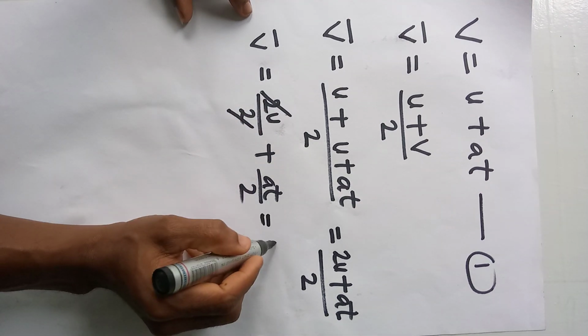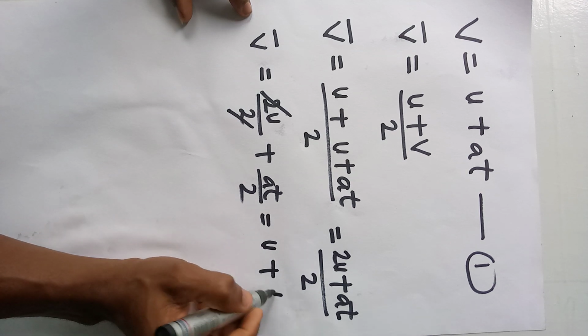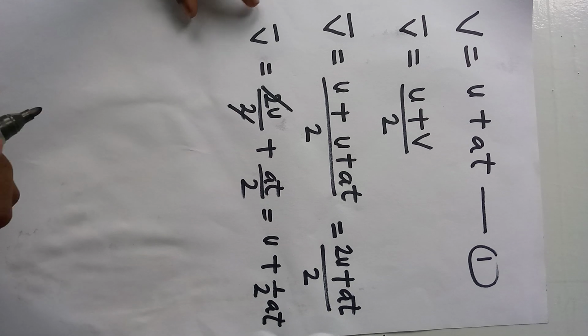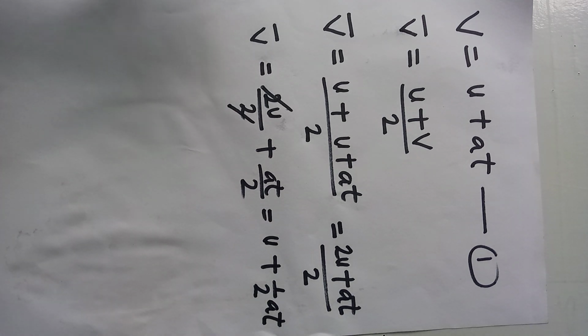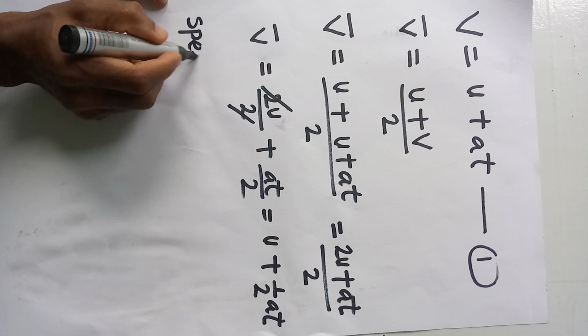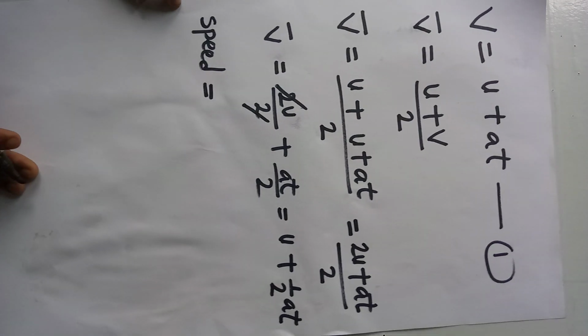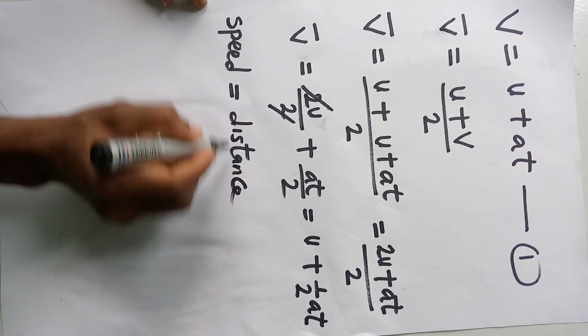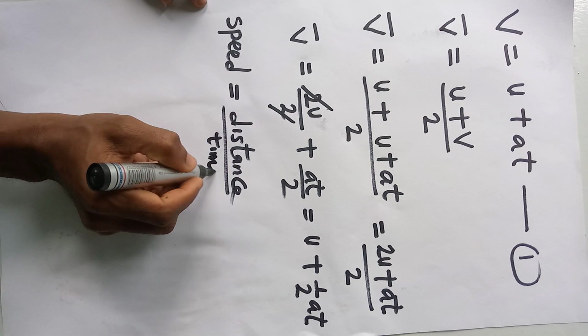We're left with U plus 1 over 2 AT. Now recall that speed is equal to distance over time.